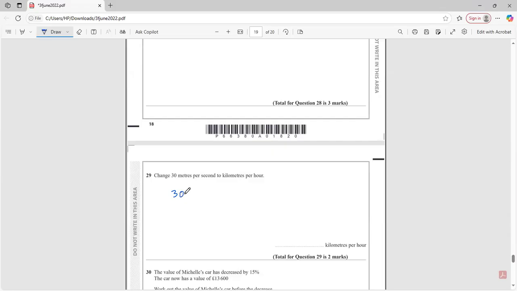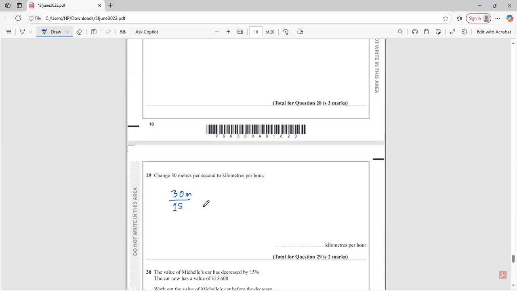When they say per, anytime you see that word per, just imagine that it's a division sign. And then whatever comes after the per, we're imagining that it's in the denominator, right? And that it has a value of 1. So that's what we have.